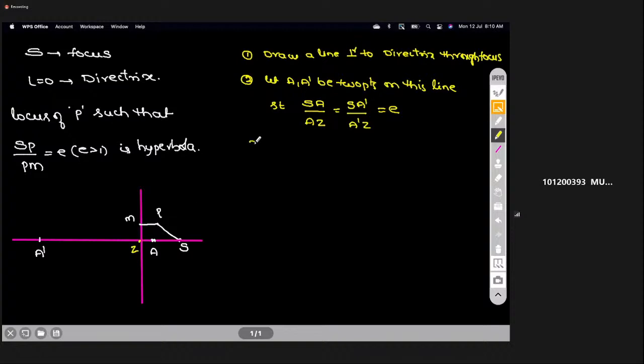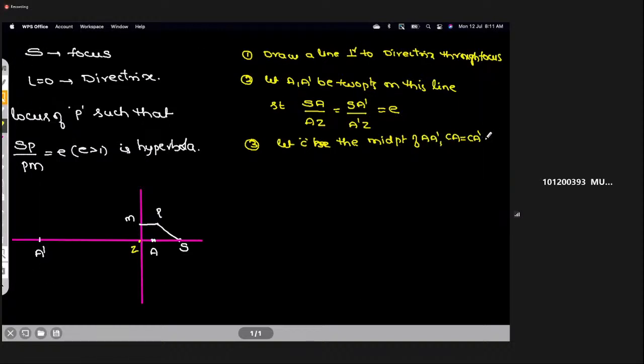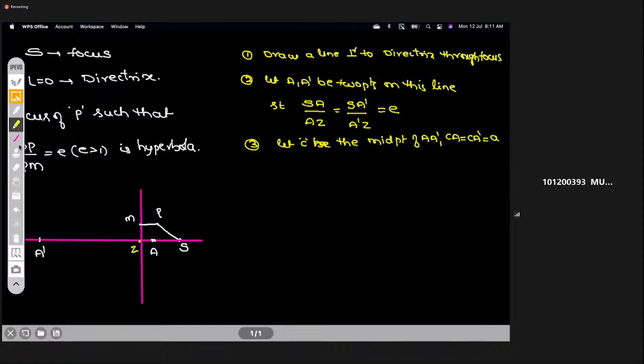Now the third step is, let C be the midpoint of AA prime, and CA is equal to CA prime is equal to A units. In the next step, what we will do? So you will be getting this midpoint C is here.